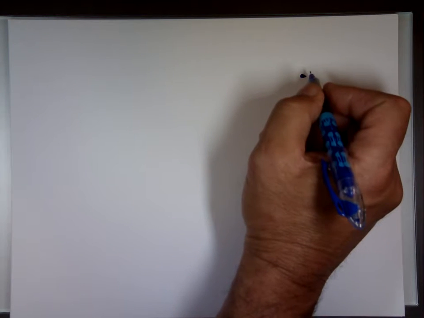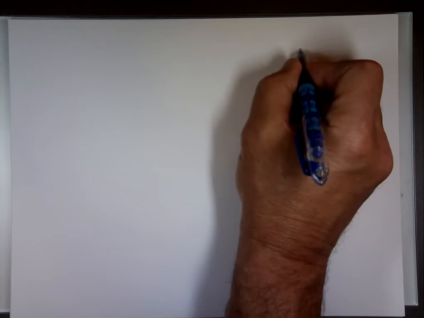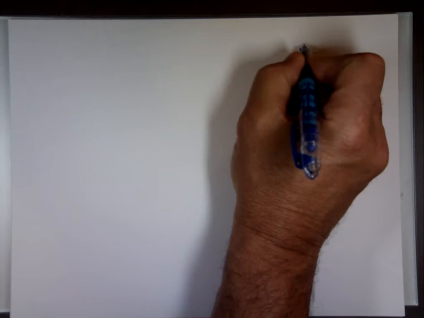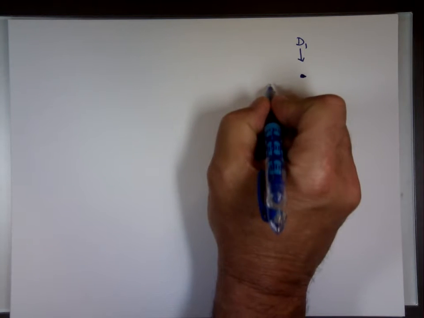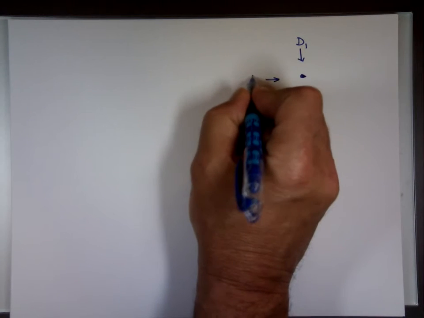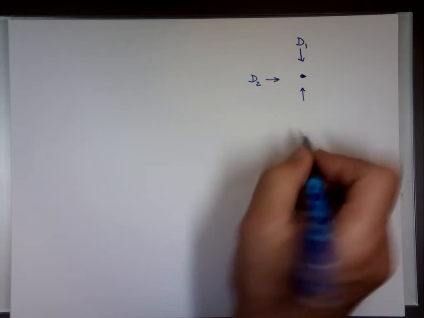Now we have a duck coming to get that piece of bread. Here comes the duck, moving in this direction. This duck, duck 1, we'll call it D1, coming from this end. Duck number 2 coming from this end. And we have a goose coming from that end.